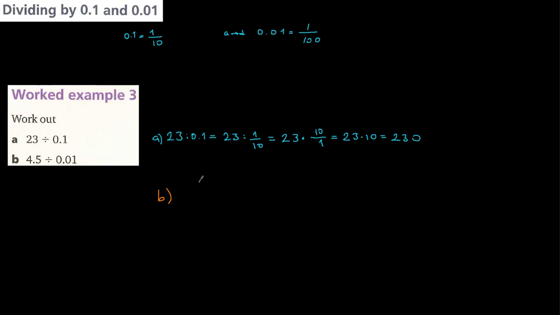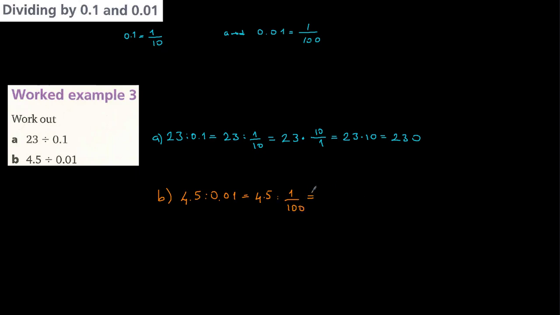And the second one, the B1, 4.5 divided by 0.01, that means 4.5 divided by 1 over 100.